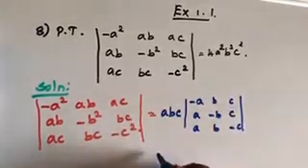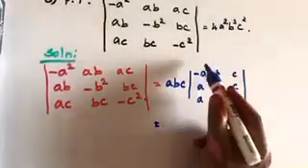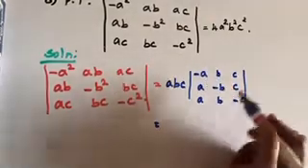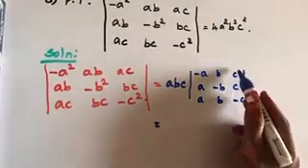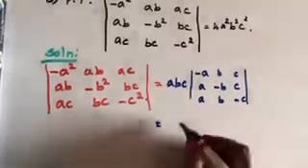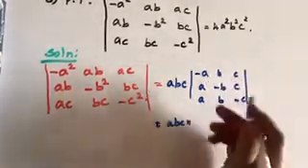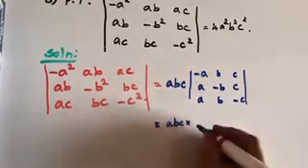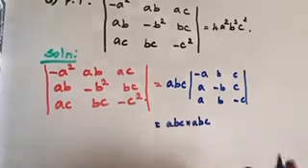Now, in this determinant, column 1 contains A, column 2 contains B and column 3 contains C as common terms. So, again I am going to take A from column 1, B from column 2 and C from column 3. So, A into B into C once again.